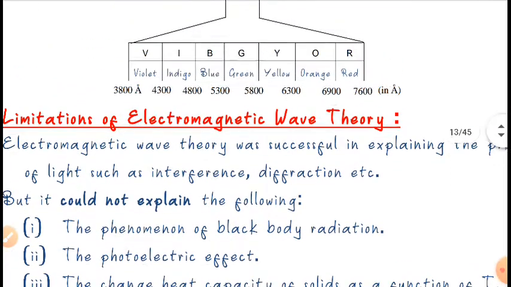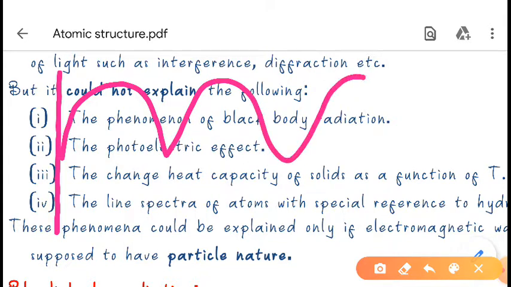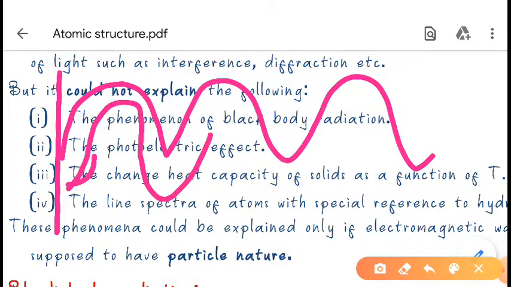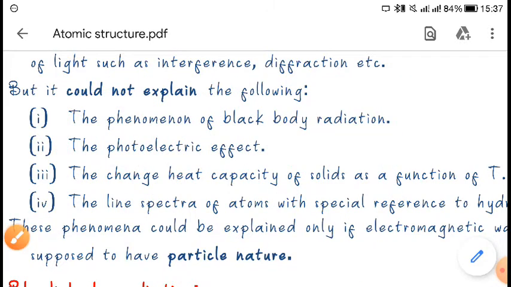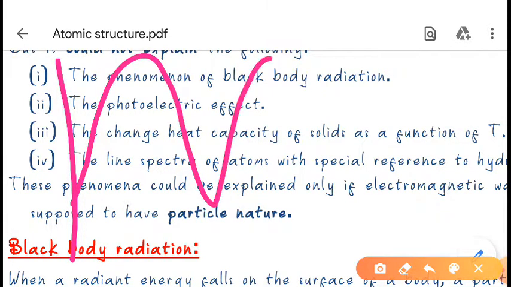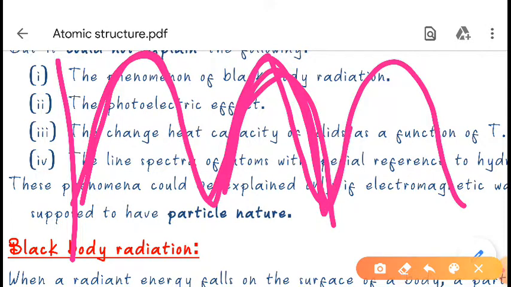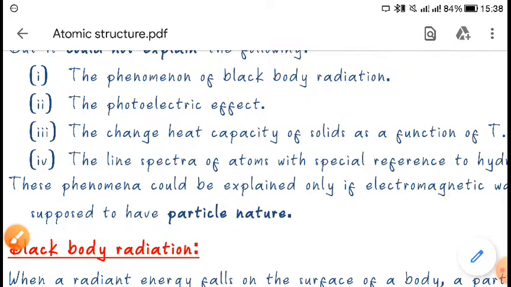Suppose one wave is like this, flowing like this, and another wave is exactly the same, and these two are combining and making a bigger one. The height is increasing, we can say the height of the crest is increasing. That type of interference is called constructive interference.